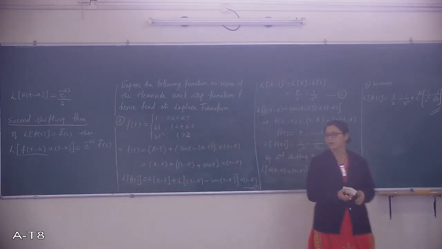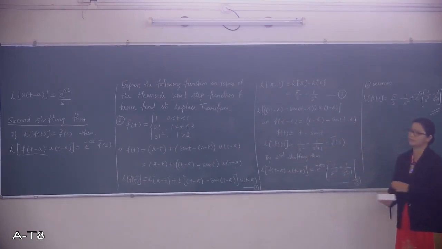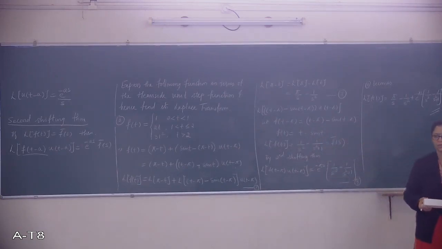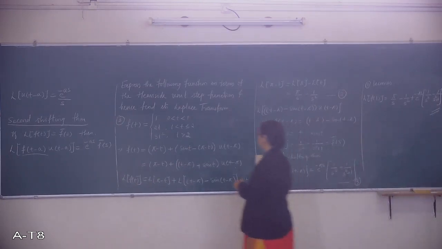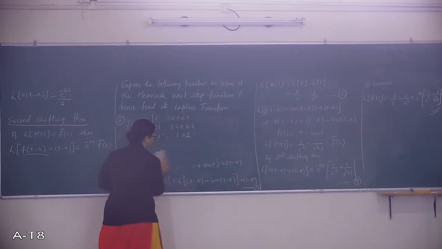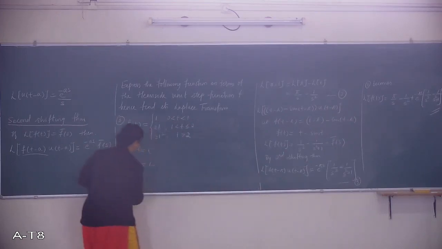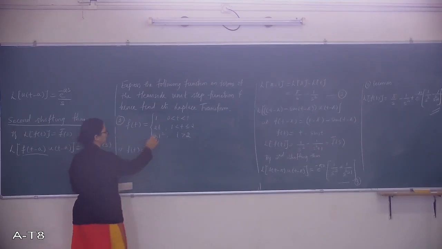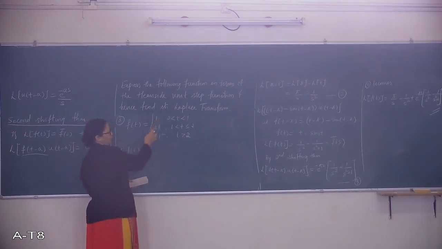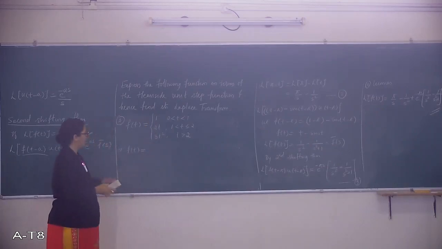Okay. Now first we have to express this function in terms of unit step functions, then we have to take its Laplace transform. So let us do that. f of t here is of the form f1 of t, f2 and f3, so there are 3 functions in f of t.